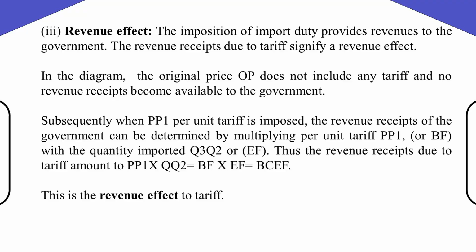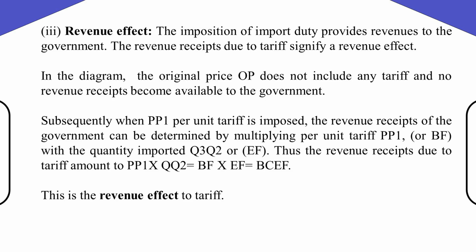The next effect is number 3, revenue effect. The imposition of import duty provides revenues to the government. The revenue receipts due to tariff signify a revenue effect. In figure 1, the original price OP does not include any tariff and no revenue receipts become available to the government.